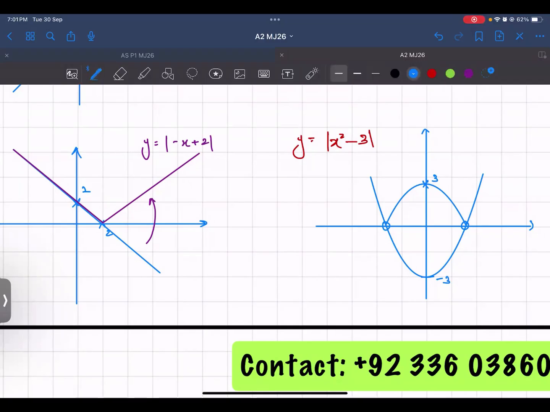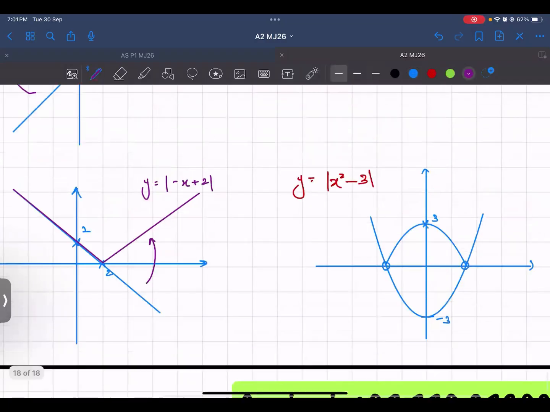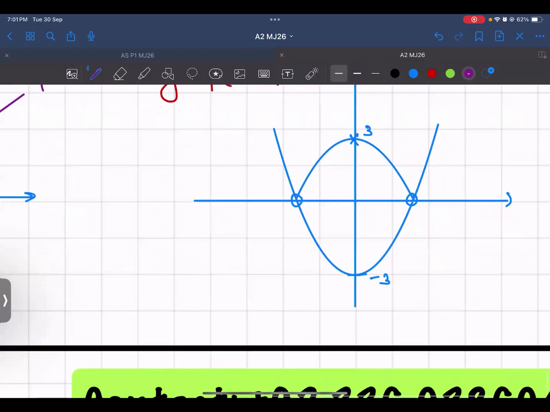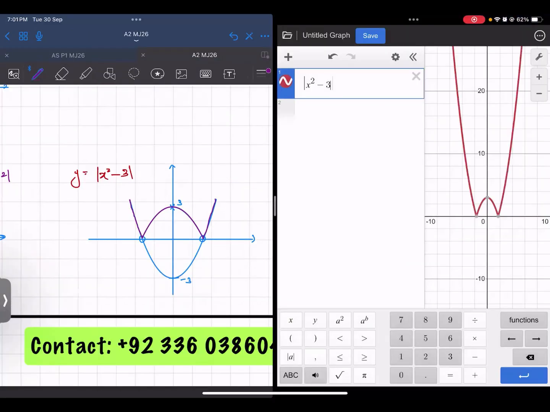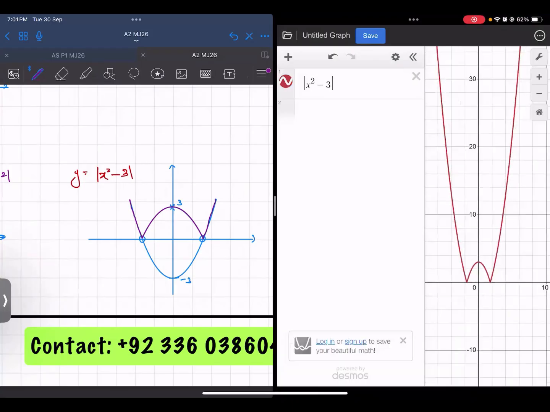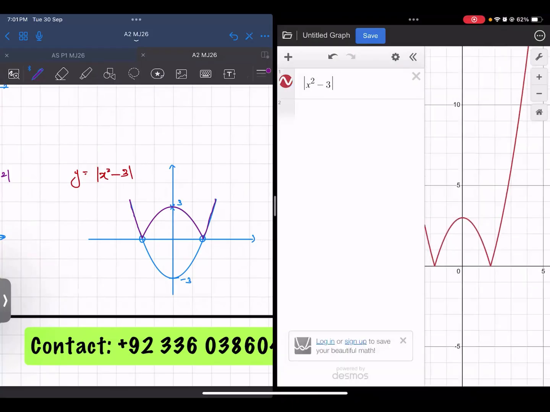So now this is the final answer. Okay, so look at this. Reflected. That is, below the x-axis has been reflected upwards. This is what the modulus does.